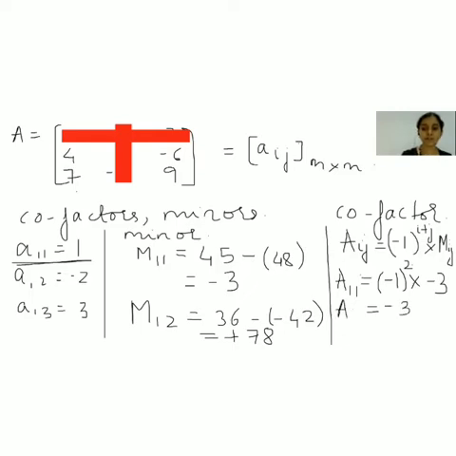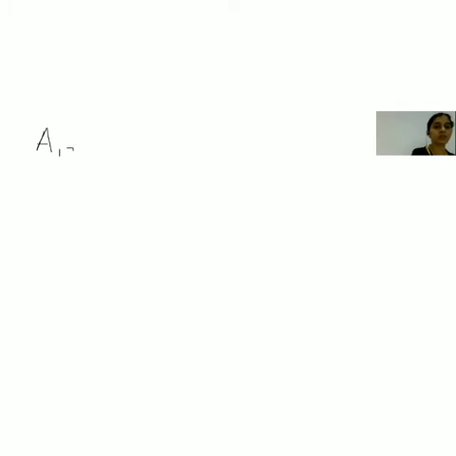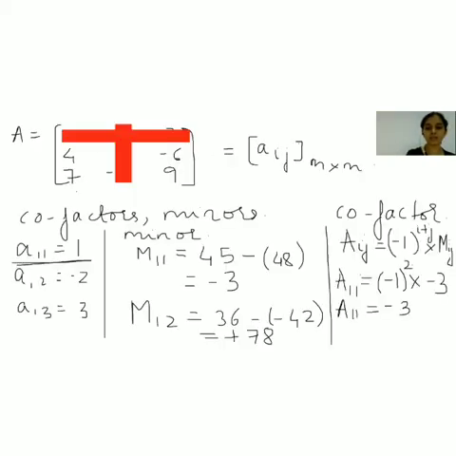So the cofactor is minus 3. Similarly, let's say I want to find the cofactor of A12. It will be minus 1 raised to 1 plus 2 multiplied by M12, which is minus 1 raised to 3, that is minus 1, multiplied by M12, which is 78.